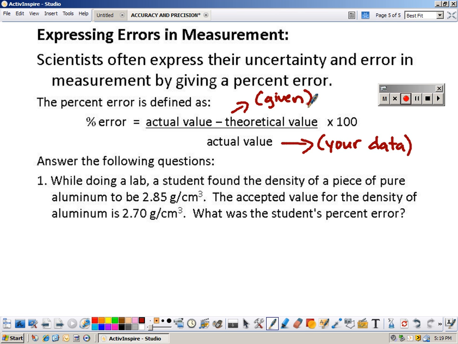So the student found the density to be 2.85 grams per cubic centimeter. This is our data, so that's the actual value. The accepted value for the density of aluminum is this. This is going to be the theoretical.